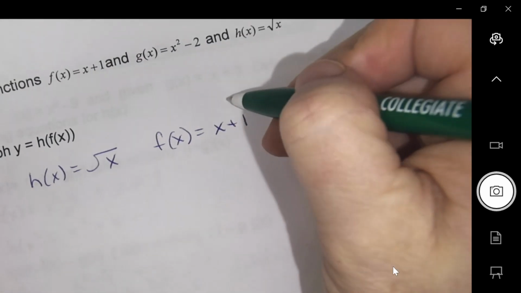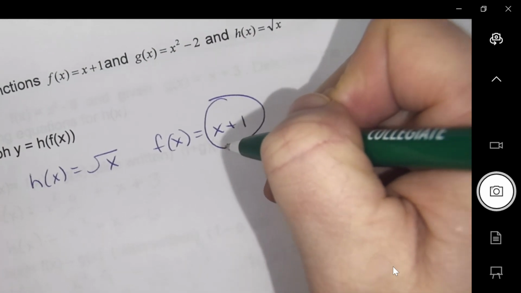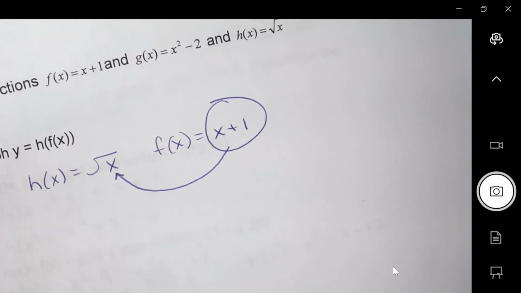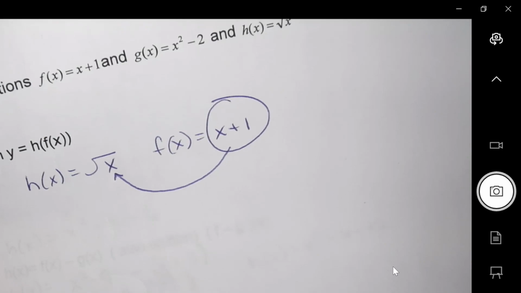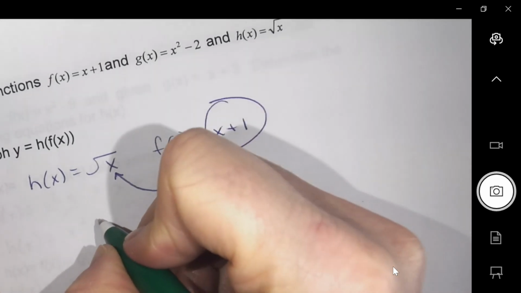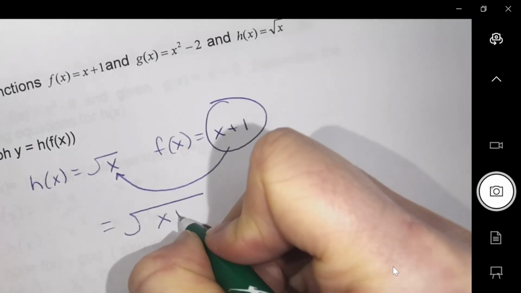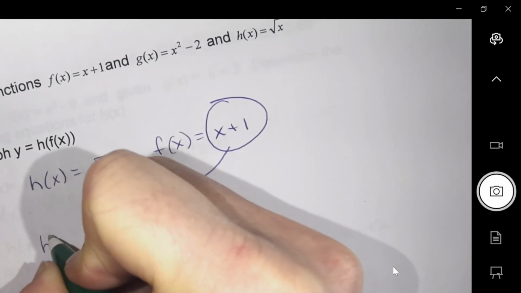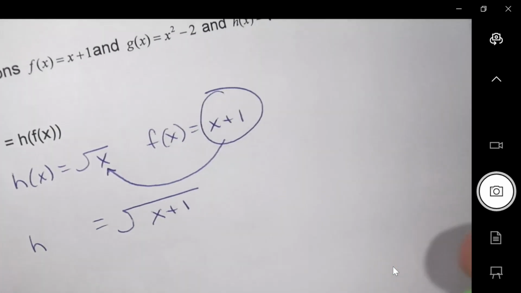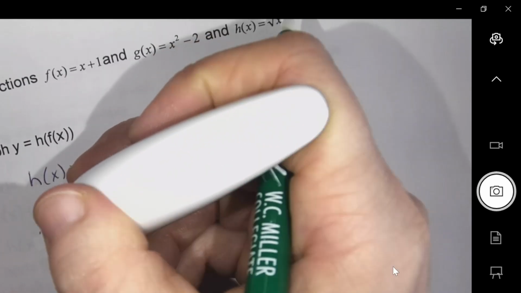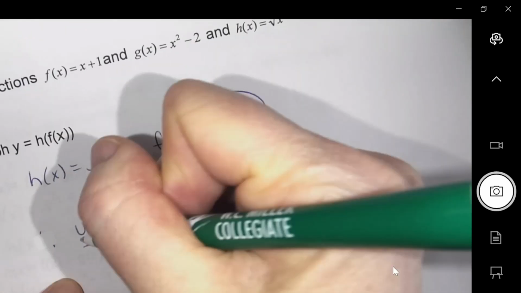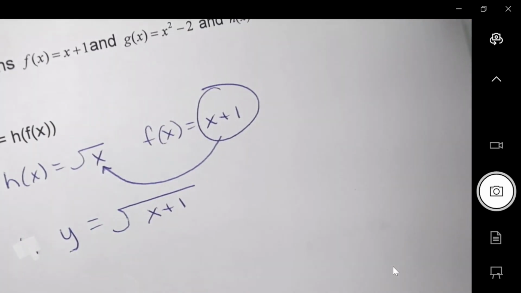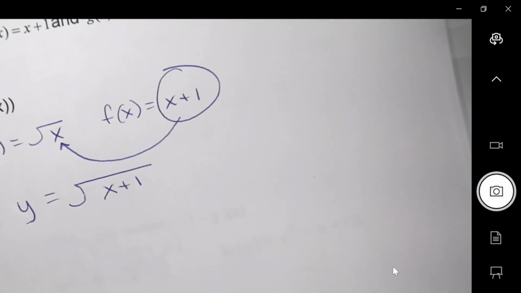So the f function is going to have to go in to replace the h function. And this one says I can call it y because it defined it as y equals that. So that's that.